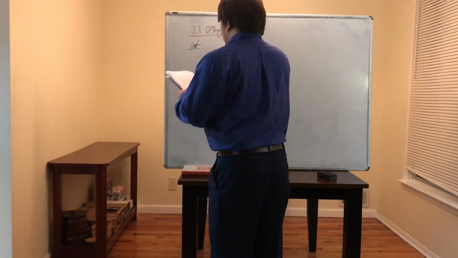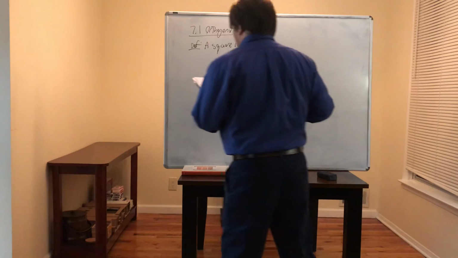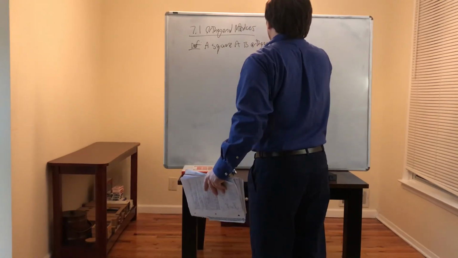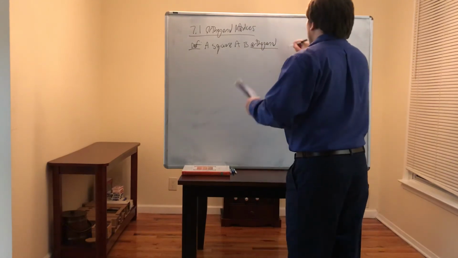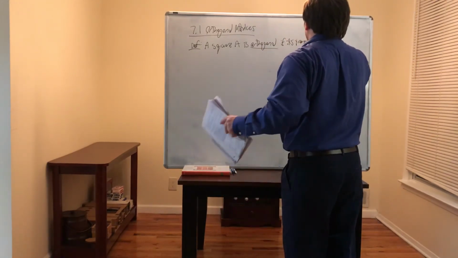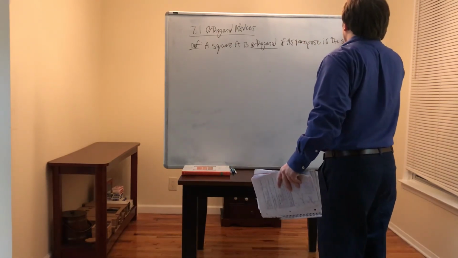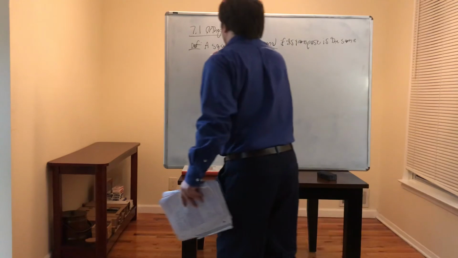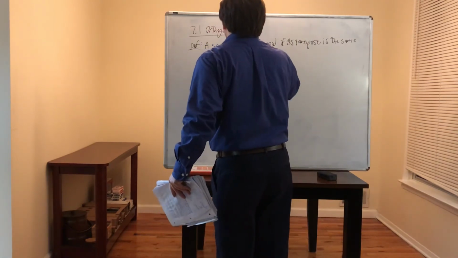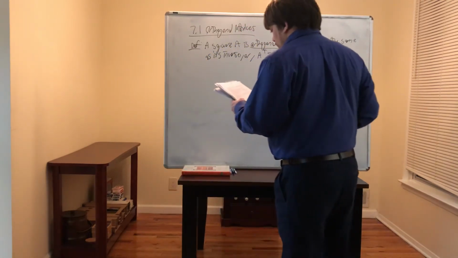A square matrix A is orthogonal as a matrix if its transpose is the same as its inverse, or A transpose is equal to A inverse.